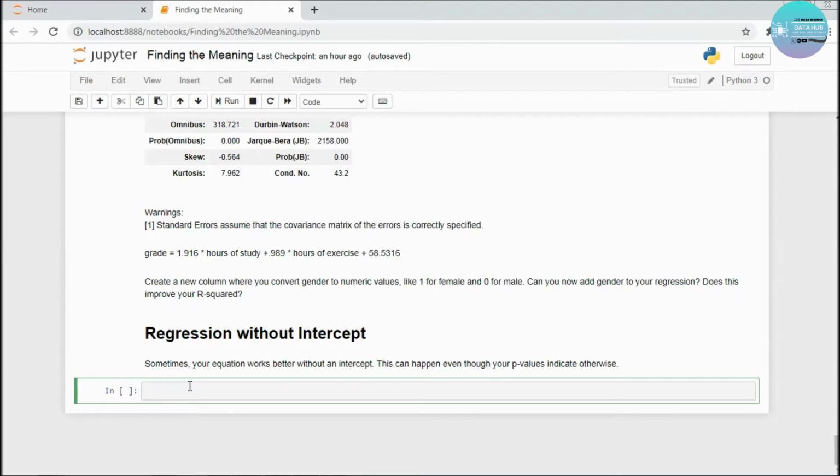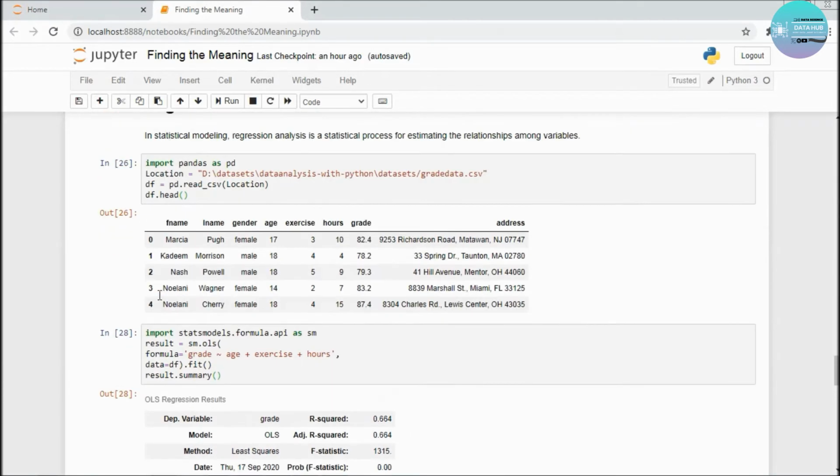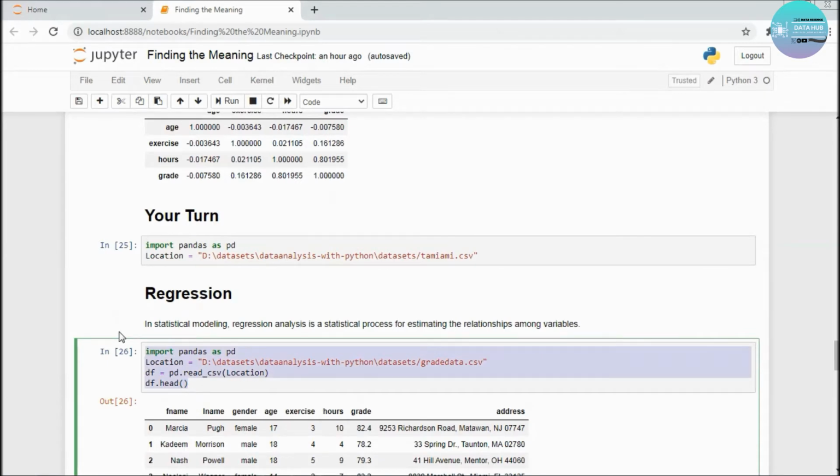and learn from that. Okay, so we have our data here using the old grade data.